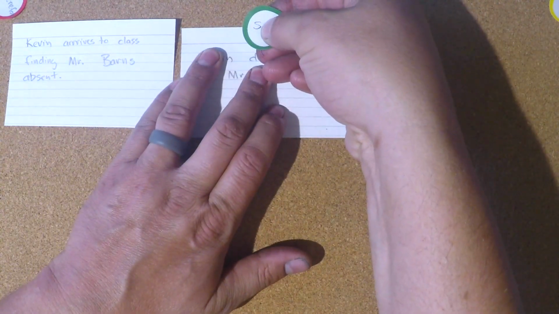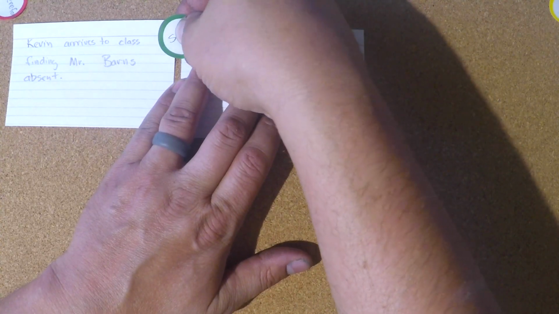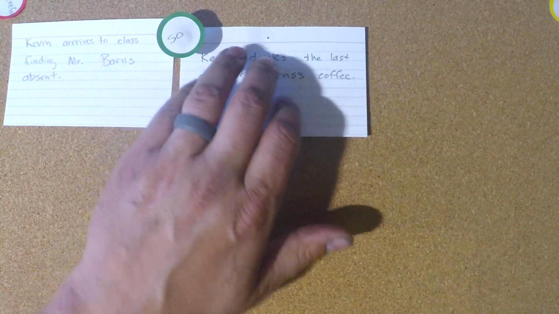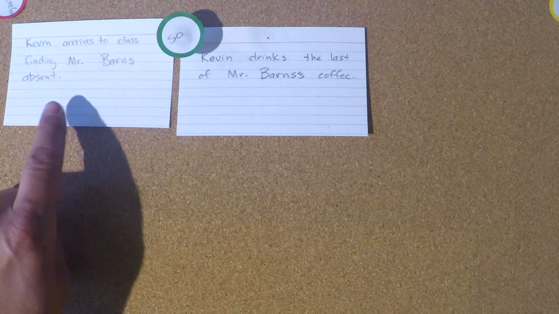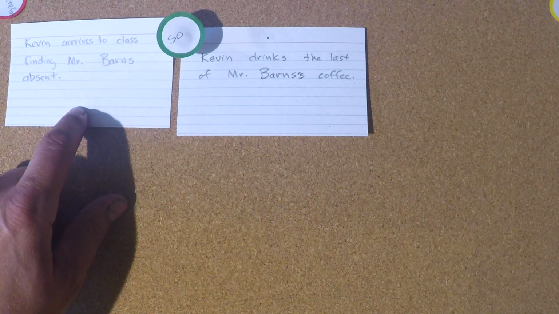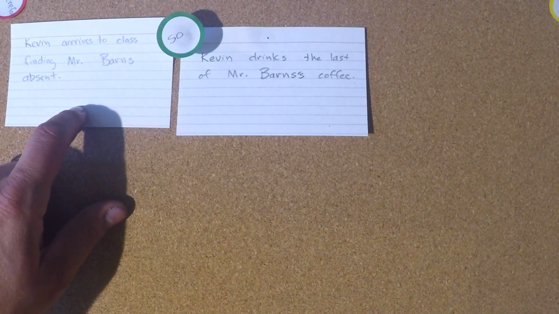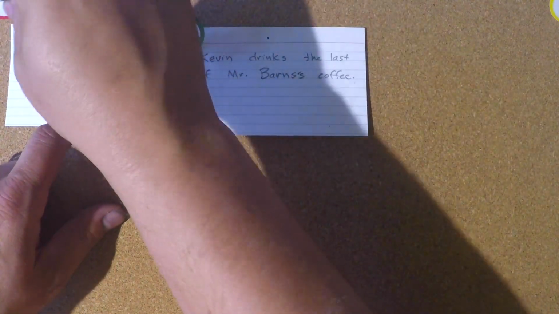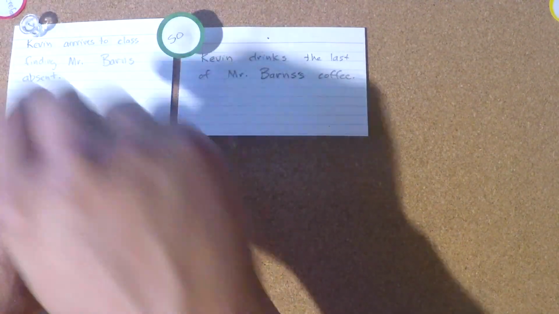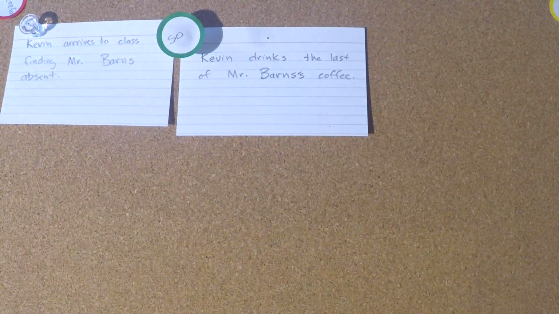Maybe it makes sense to do this. Yeah, that works. Kevin arrives to class finding Mr. Barnes absent. So, Kevin drinks the last of Mr. Barnes' coffee because he's not there.